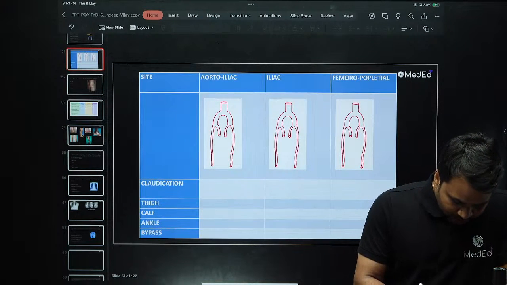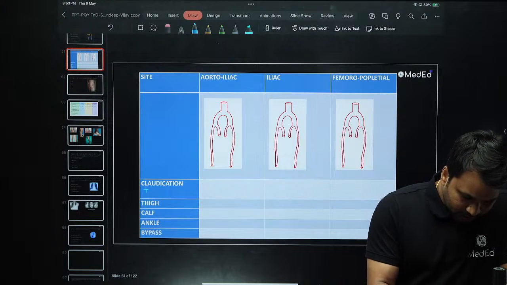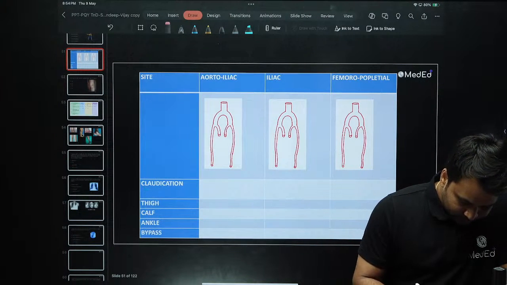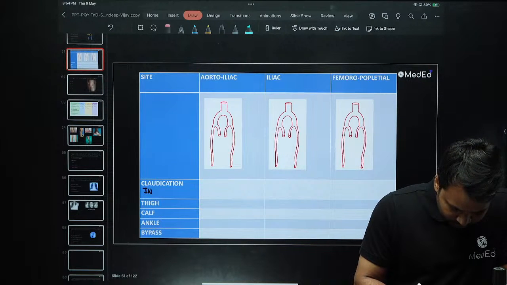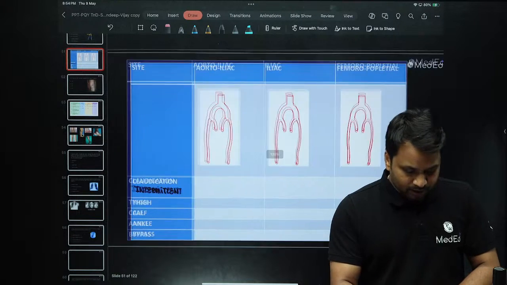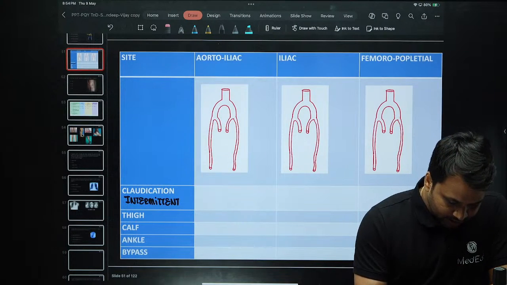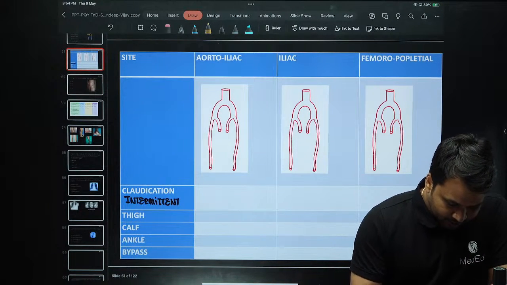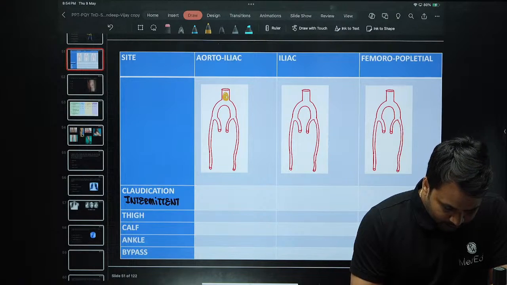Now, this is going to be an intermittent claudication. Now, in an intermittent claudication, we're talking about the sites of occlusion which is present here. The first one is your iliac, which is here.